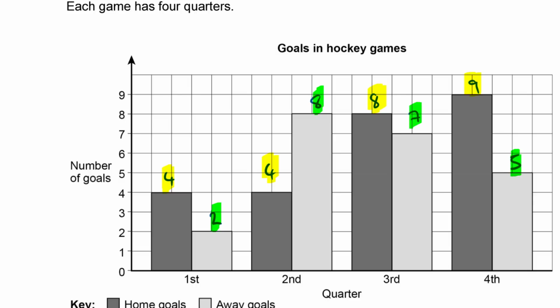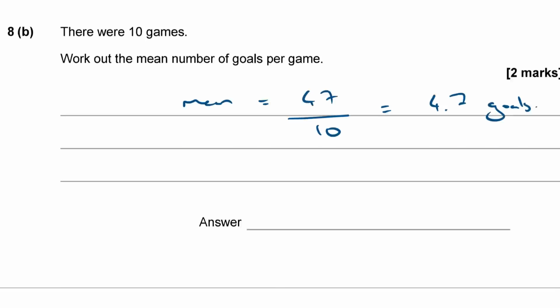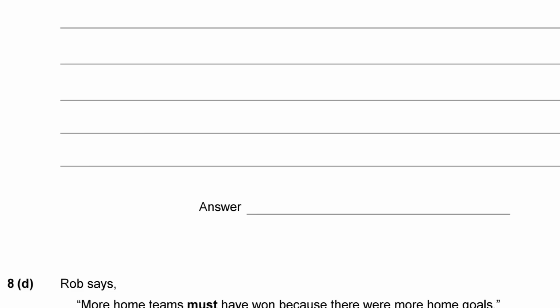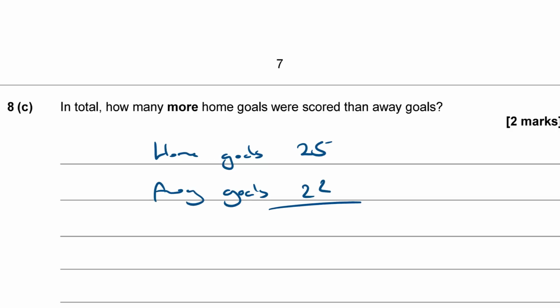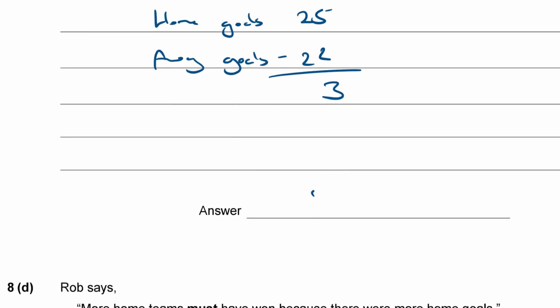So the home goals added up to 4, 8, 16, 25, and the away goals were 2, 8, 7, and 5, which is 10, 17, 22. So we've got 25 home goals and 22 away goals, and subtracting then gives me 3. So there were 3 more home goals than away goals.